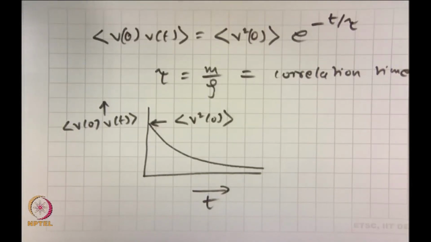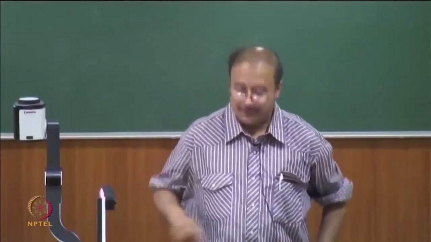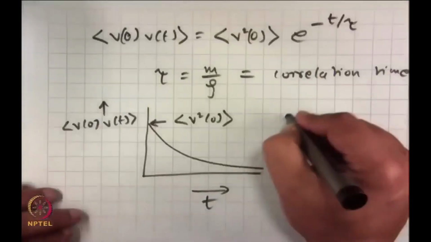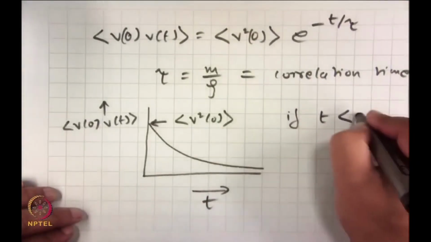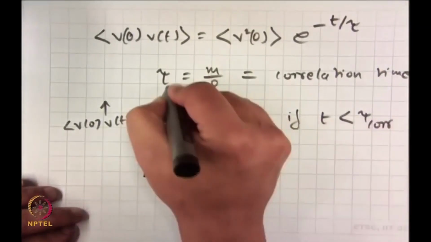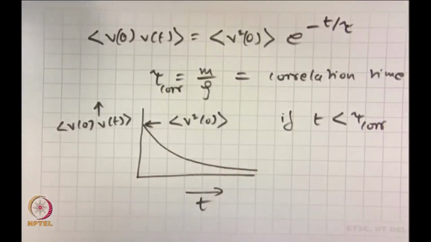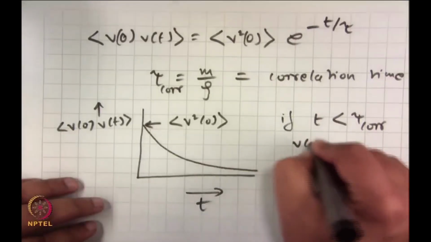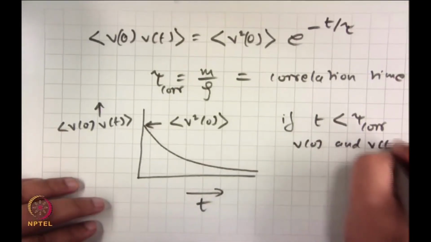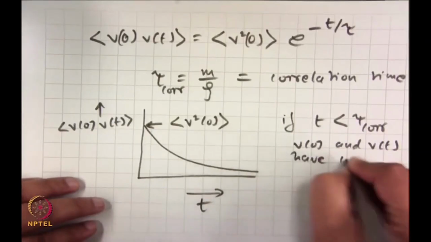So, what does tau correlation mean? If t is less than tau correlation, that means for any time less than tau correlation, my velocities would be correlated. That means v 0 and v of t have correlation.